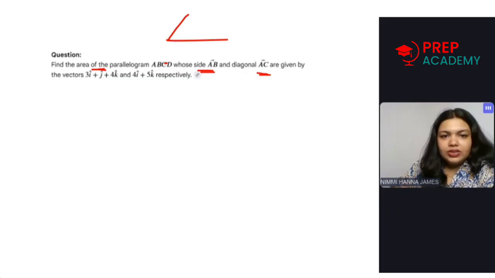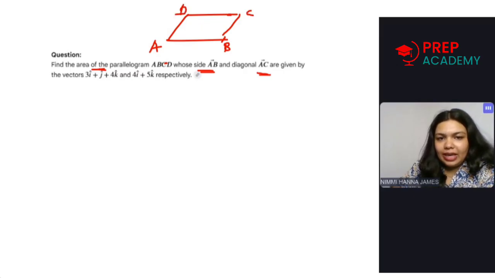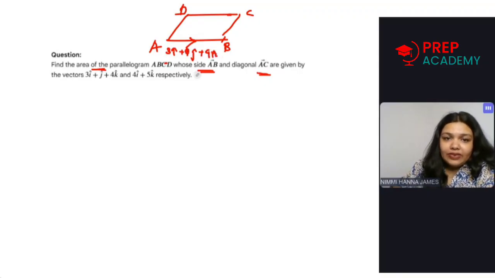So let's see. So this is the parallelogram A, B, C, D. Correct. So side AB is given, that is AB, the direction is here. So AB is given as 3i plus j plus 4k, and AC is given. This is the diagonal.